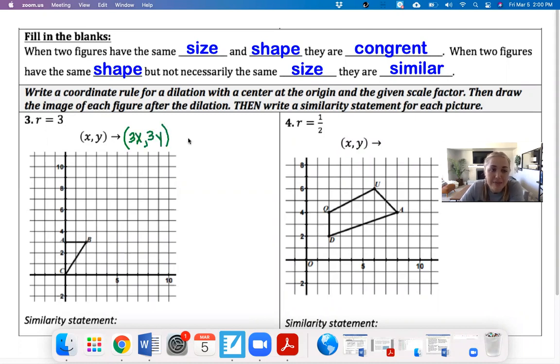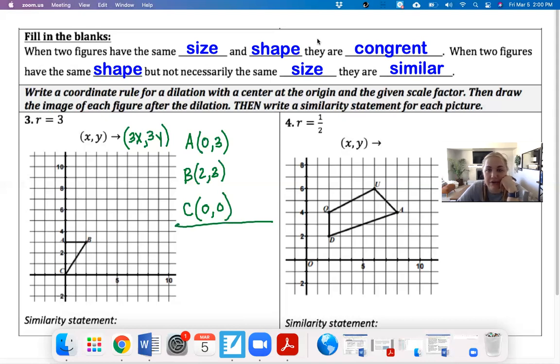When I take my original 3 ordered pairs, I have A, which is at 0, comma 3. I have B, which is at 2, comma 3. And C, which is at 0, comma 0. Those are my pre-image points, the ones that came first.